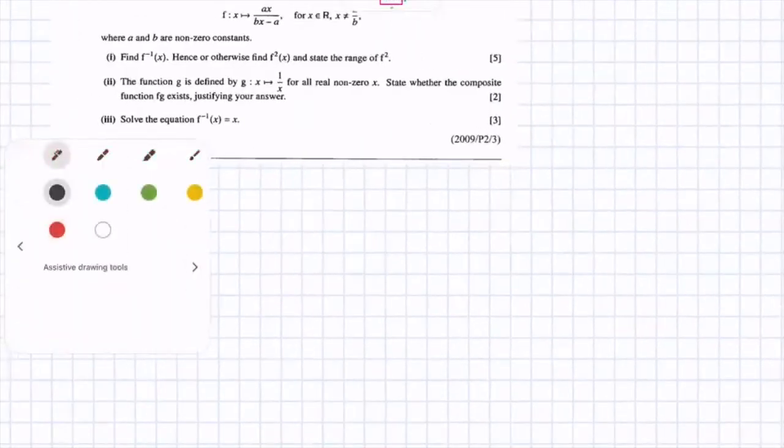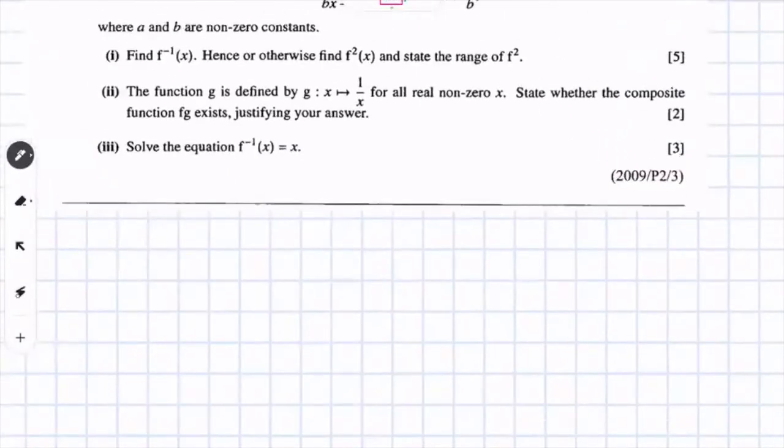But for now, if the range of G is a subset of the domain of F, what does it mean? FG exists. That's it.